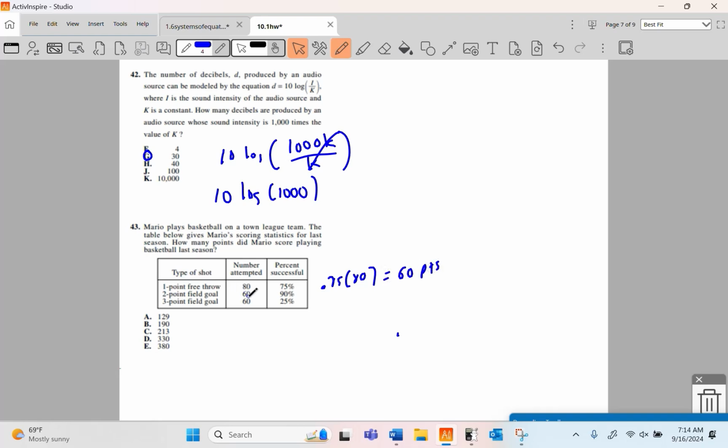He attempted 62 point goals, shot 90 of them. So this is going to be 2 times 60 times 0.9, because 90% is 9/10 as a decimal. Oh man, I'm tired. That's 100 and what, 2? That seems wrong. 108.